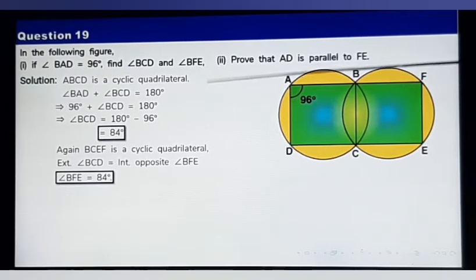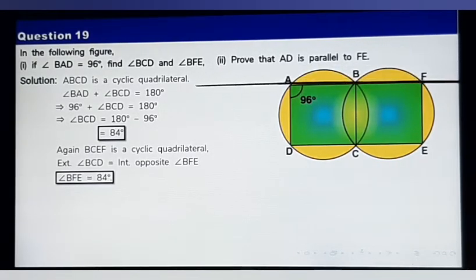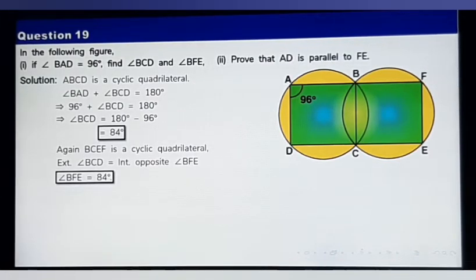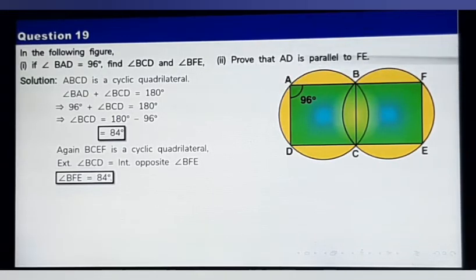Now in a transversal, the sum of the angles on the same side of the transversal will be 180 degrees. That's what we learned in our junior class, and we have already seen another problem of this kind. So if this is your transversal, the sum of this angle and this angle has to be 180 degrees. Now let us check whether we are getting 180 or not.